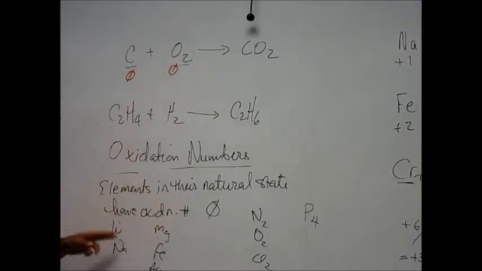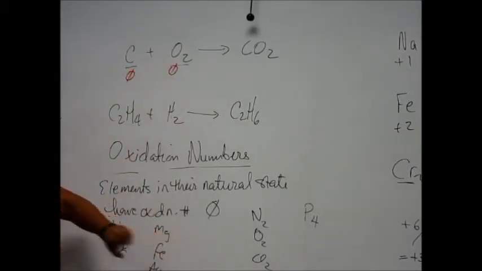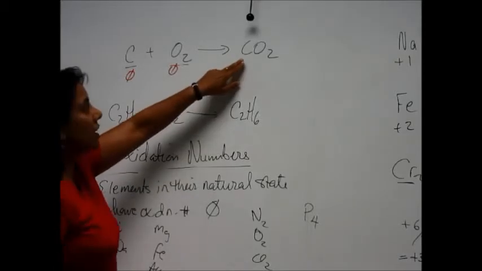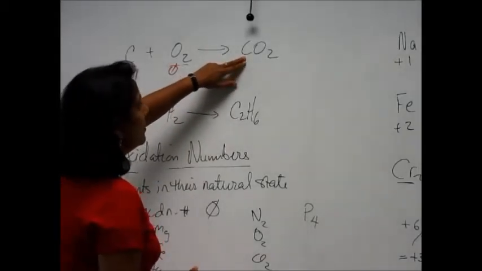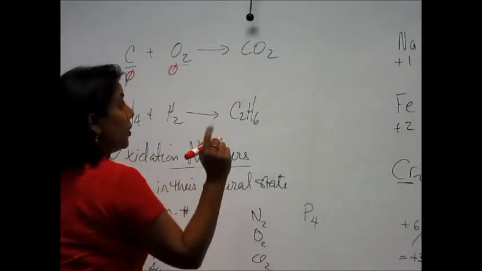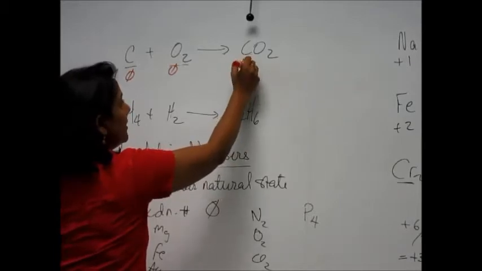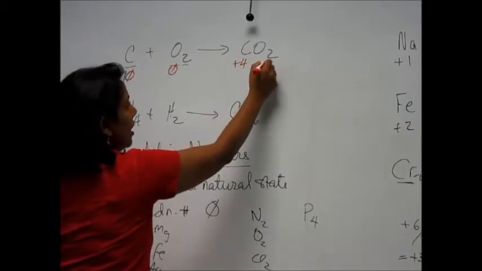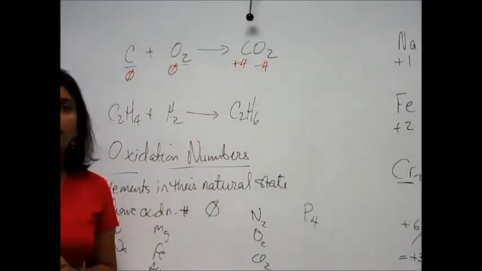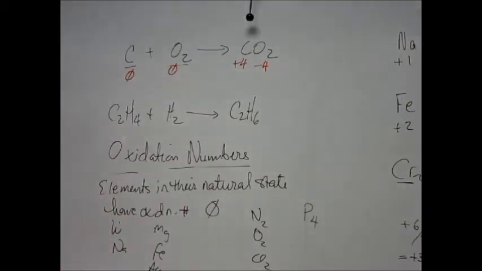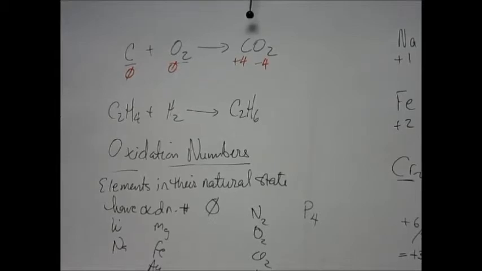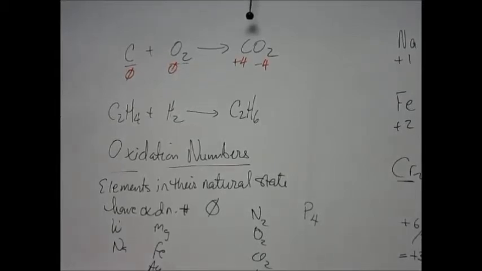Also 0 because these are elements, so you have 0 oxidation number. What's carbon over here? Plus 4, and this is total of -4, but you know in your heart that each oxygen is -2. So you're looking at the totality here. So electronically speaking, what has lost electrons?